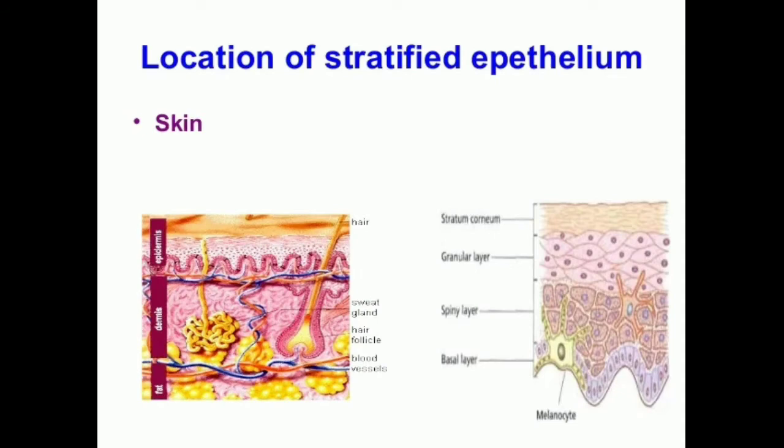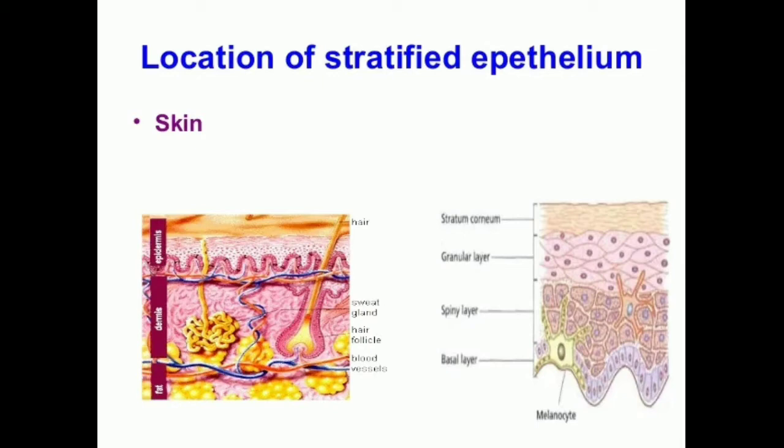So there are two types of squamous epithelial tissue: simple squamous epithelium, which has only one thin layer of cells, and stratified squamous epithelium, in which layers of cells are arranged in different strata.